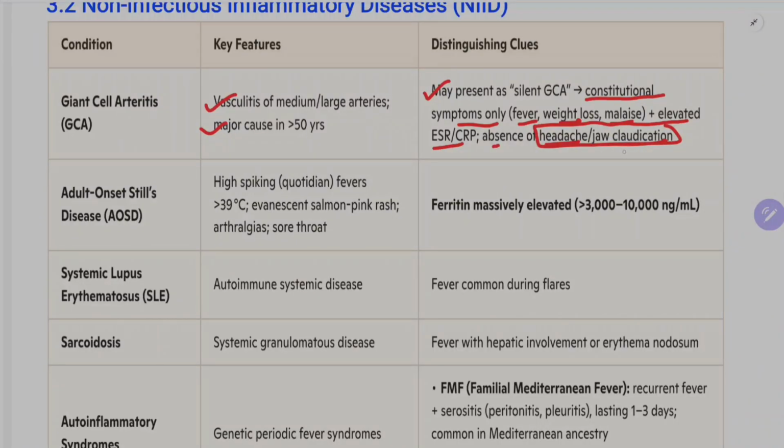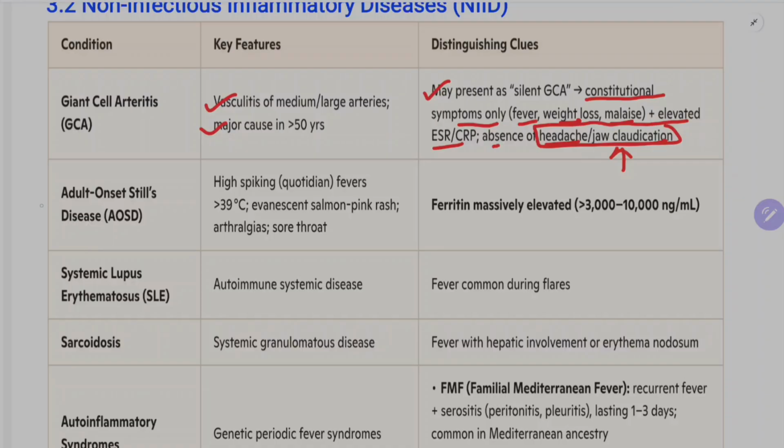What is jaw claudication? The patient experiences pain in the jaw, in the masseter muscle, when he chews food. So temporal headache and jaw claudication, if it is there, then that is GCA, but you may not have this.